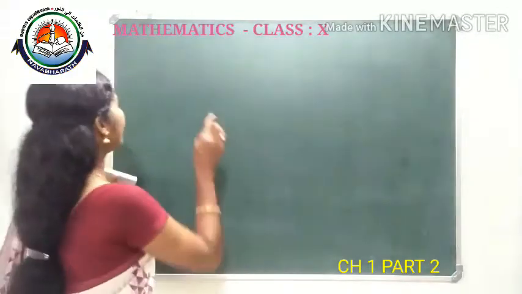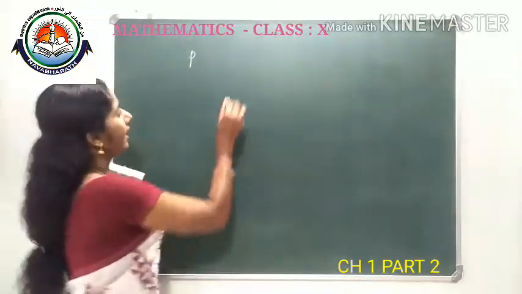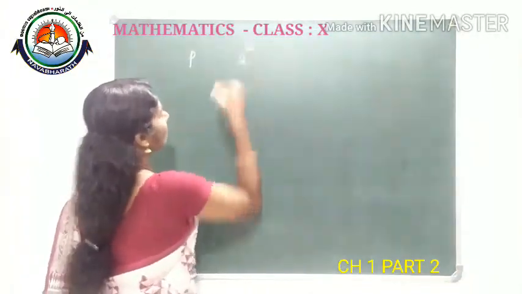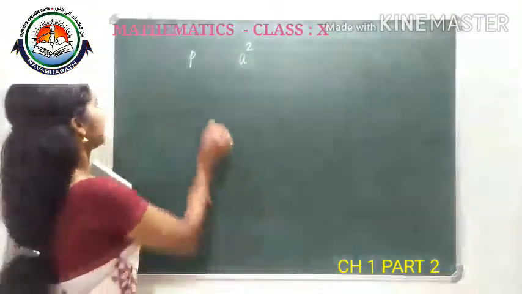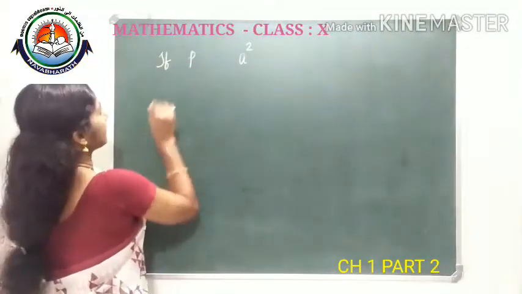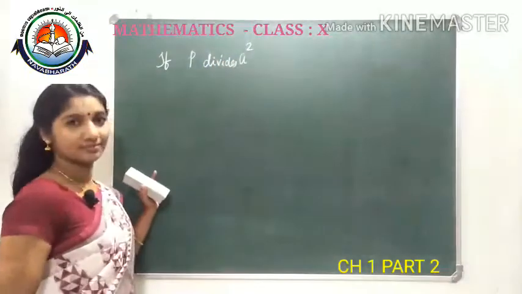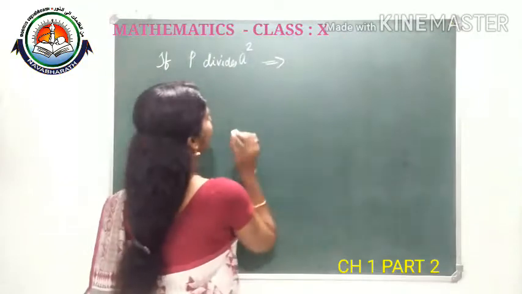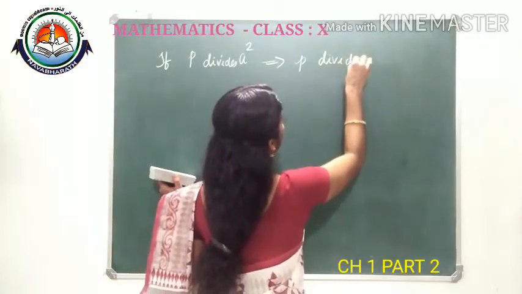See, one prime number p is given and a square number a square is given. Suppose p divides a square, then it is clear that p divides a also.